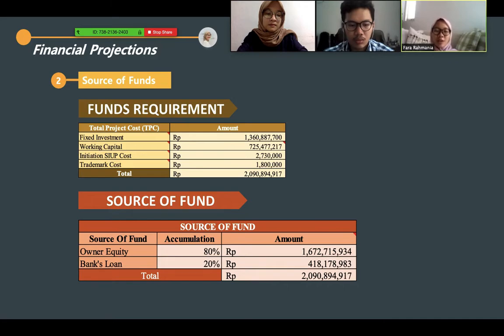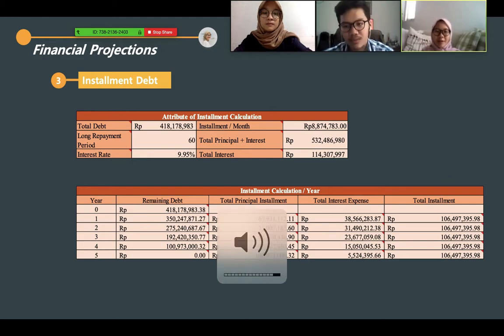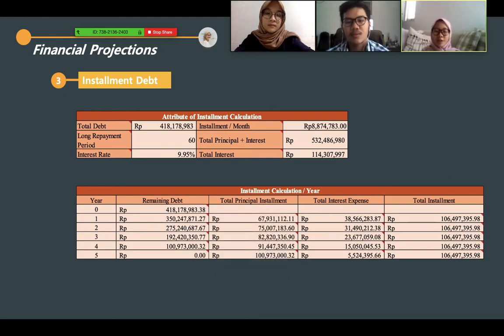The first is owner equity and the second is the bank loan. The accumulation of the owner equity is 80% and the accumulation of the bank loan is 20%. Then we calculate the installment debt. Here is the attribute of installment calculation, so we can calculate the installment in every year.